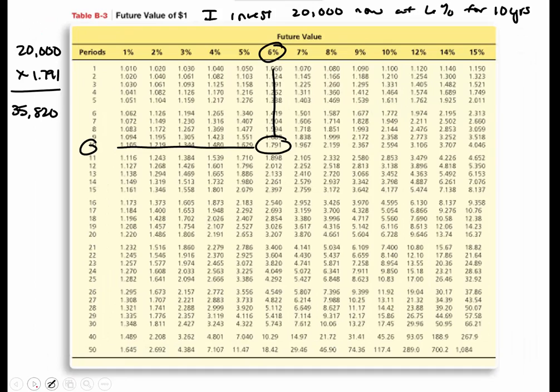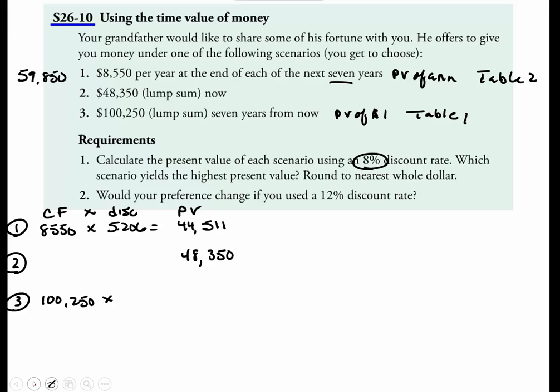So I'm going to put 0.583 in here, and I get $58,446. So receiving $100,000 7 years from now is the same as receiving $58,446 now, and that I can see is my best option, right? Because that's worth more. So I'd be better off waiting for the higher amount.